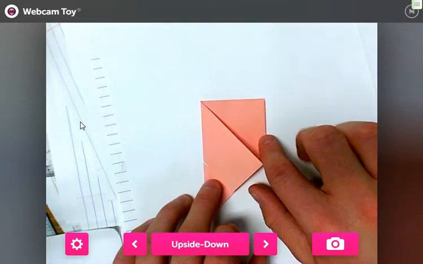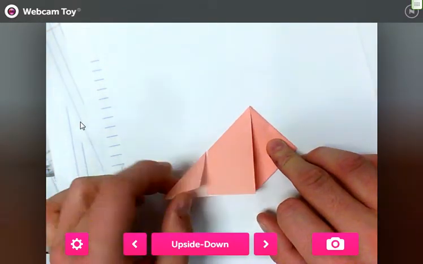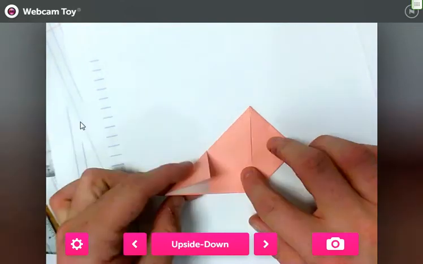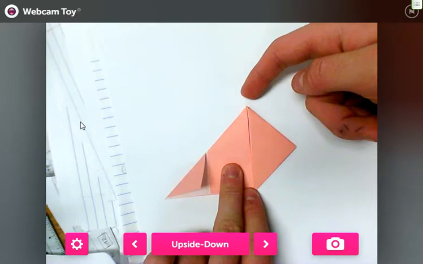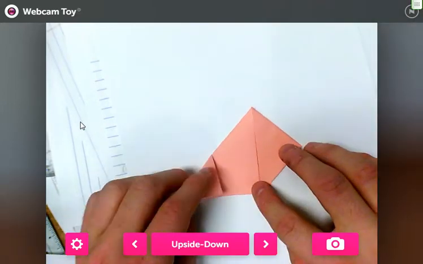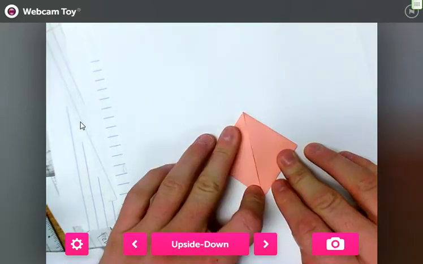And then you're going to do the same thing with the bottom left. This one down here, you're going to fold all the way up to here. We will walk around and help, don't worry. And so now you have a square.